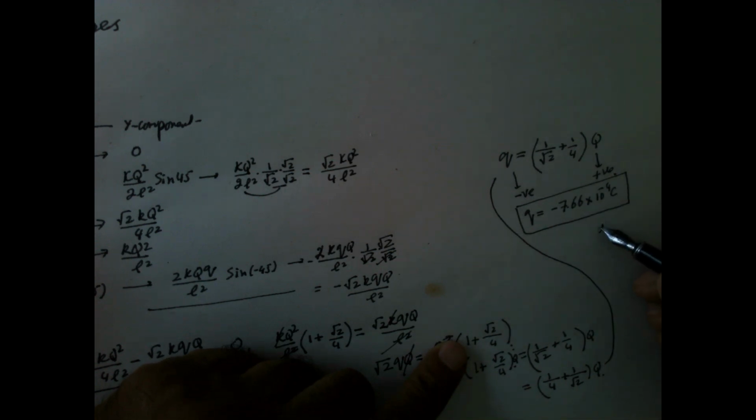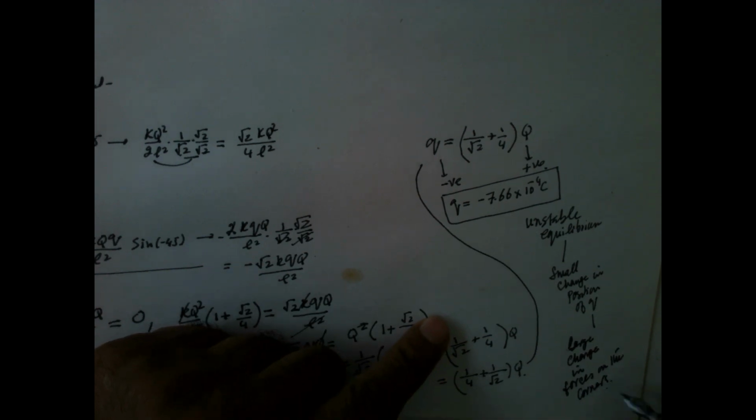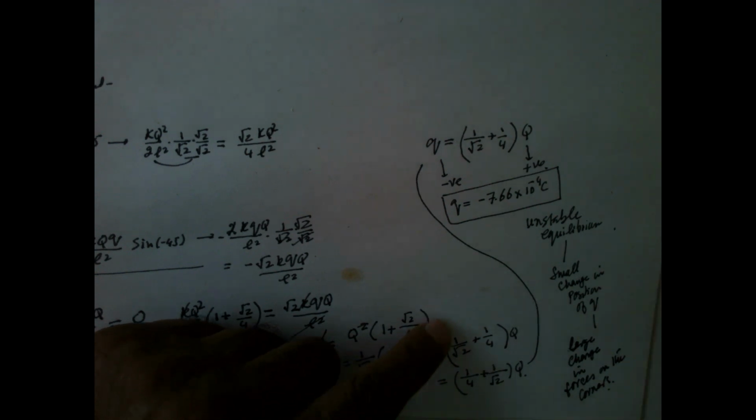So this is unstable equilibrium, because a small change in the position of q causes a large change in the forces on the corners. So this is unstable equilibrium.